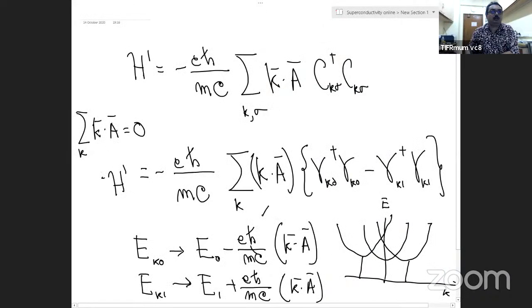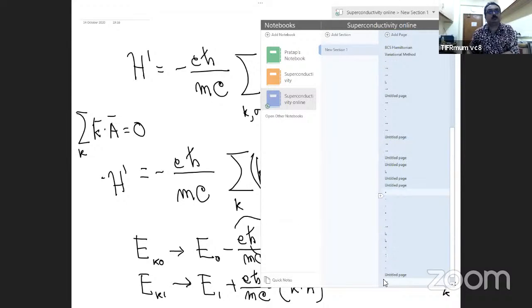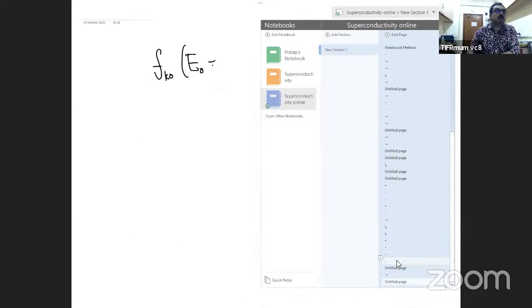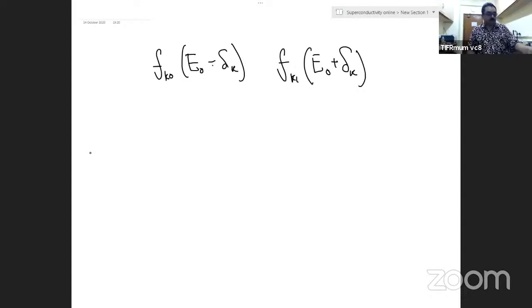Let me call this quantity delta k. And on the other hand, in Fk1, it is E0 plus delta k.